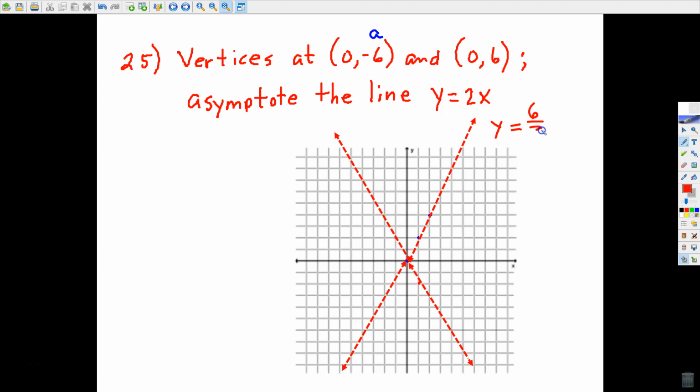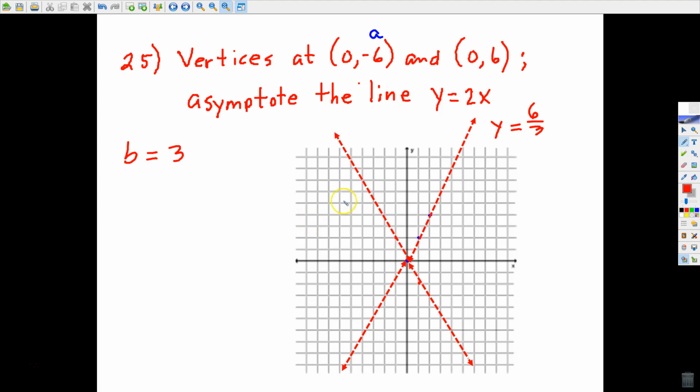Okay, Cody's got it. So that means my co-vertices, or my b, has to be 3. a is going to be 6 because that's what vertices are. So using this idea of finding the slope using y over x, the b number that I'm looking for is 3.